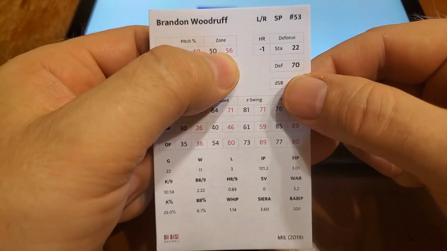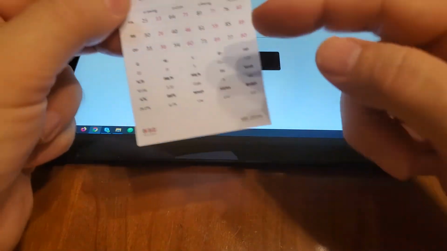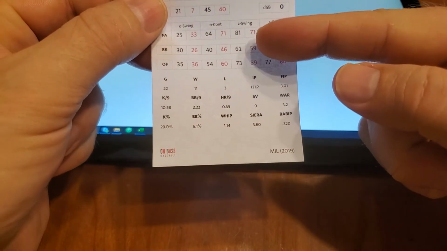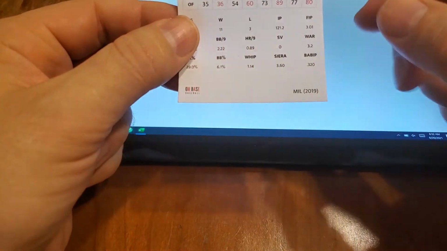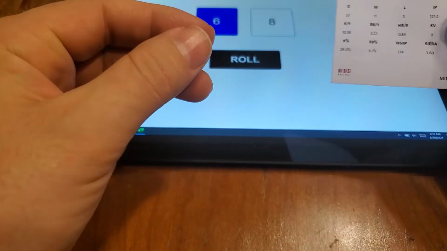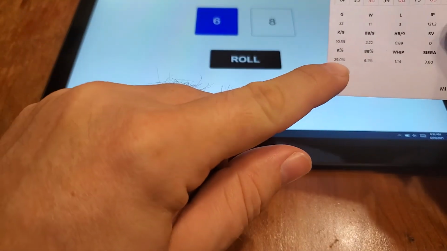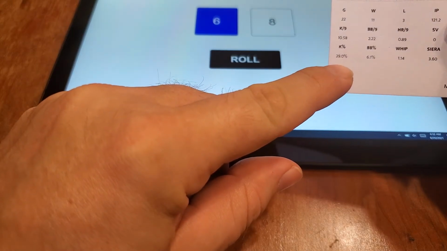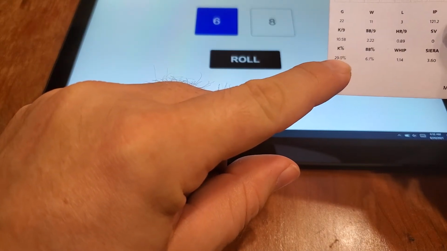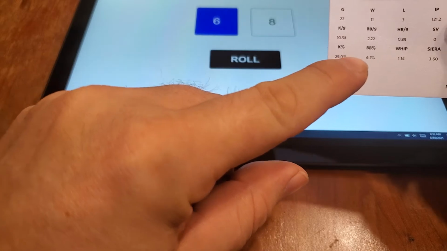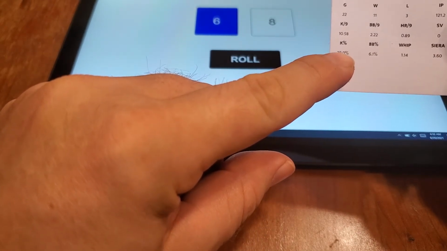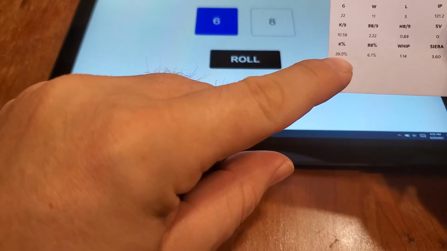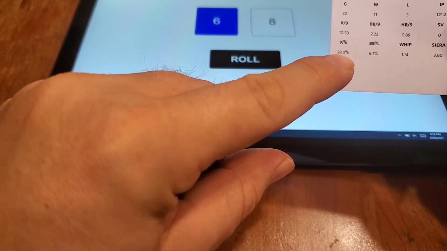So 49 is going to be a fastball. 0-2 is inside the zone. So it's a fastball in the zone, and now we're looking at the Z swing. Remember, this is the first pitch of the at-bat. When it's in the zone, we're checking for an automatic strikeout. Automatic strikeouts are similar but opposite. So a 1 to 29, because its K percentage is 29, we round that down as well.